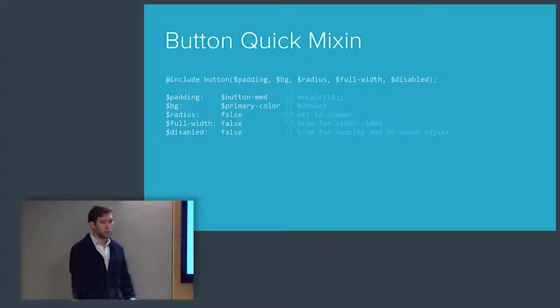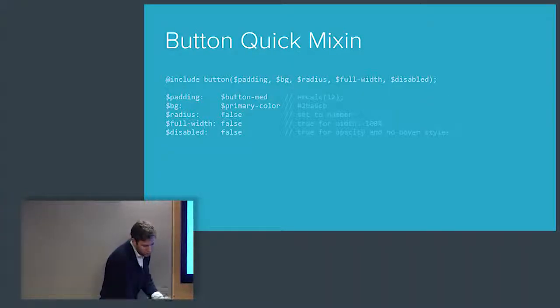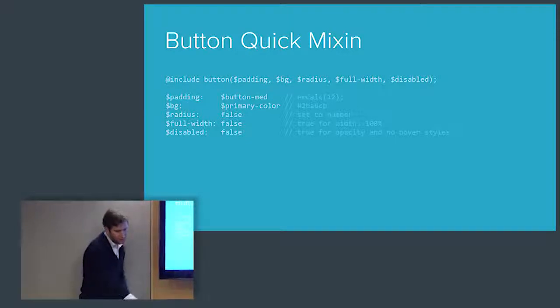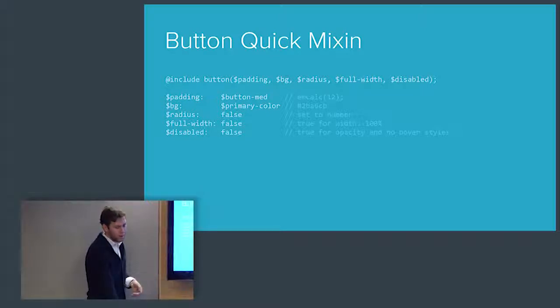Even though small and large aren't written in there, padding controls that. Yeah, you have your padding variables like button medium, button large, button tiny. If you wanted to use those values, you could just pass those to the padding argument, but you can include your own value too.